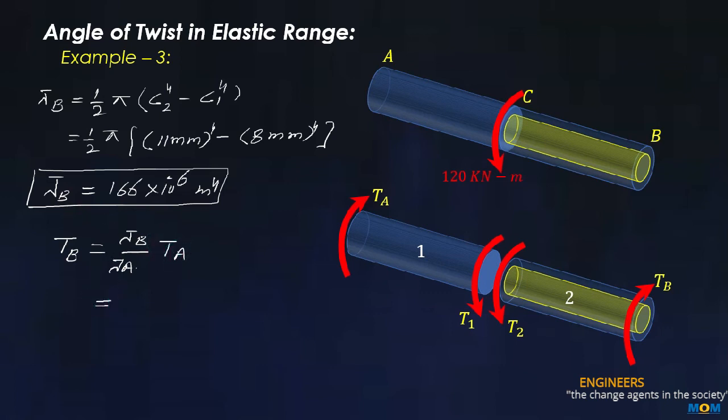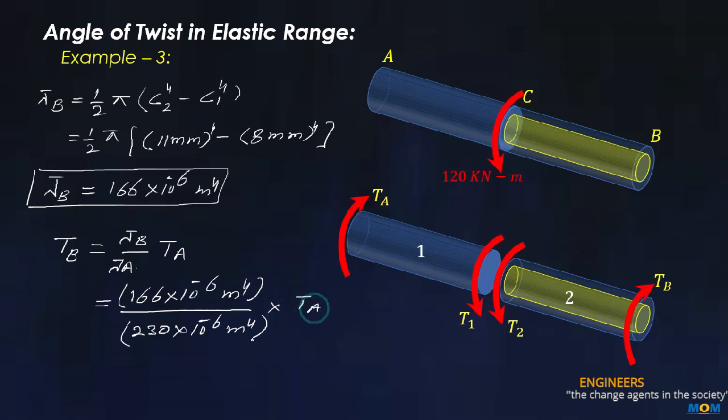So by using these values, 166 into 10 raised power minus 6 meter 4 upon 230 into 10 raised power minus 6 meter 4, multiplied with TA. The value of TB is going to be 0.72 TA.